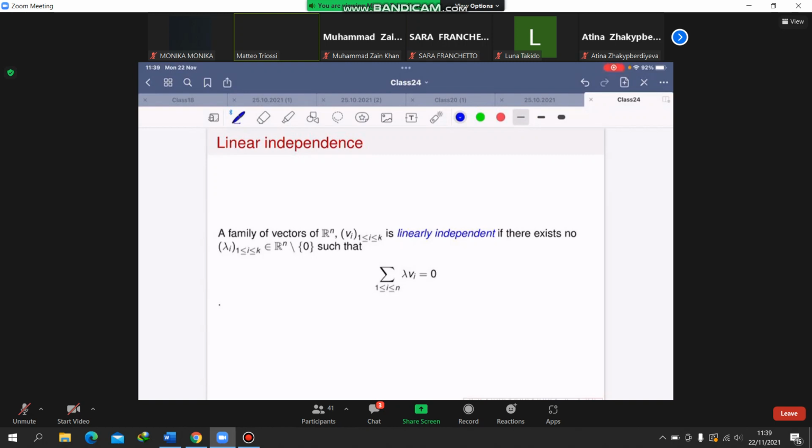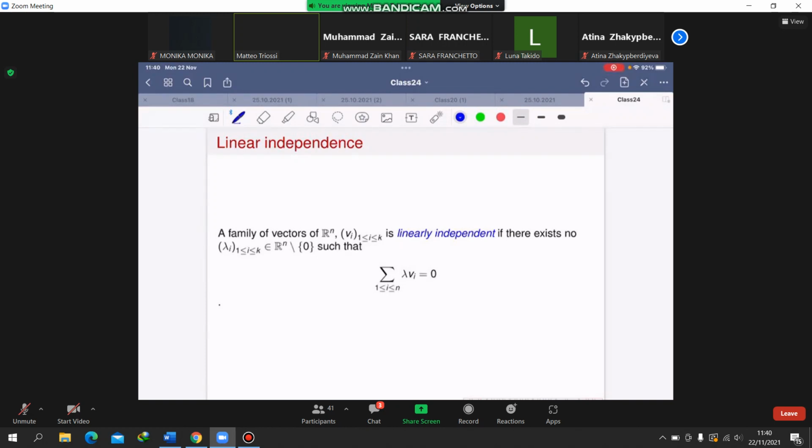So for a group of vectors, a family of vectors, we simply say some vectors are linearly independent if there is no linear combination of them yielding the zero vector, the origin.